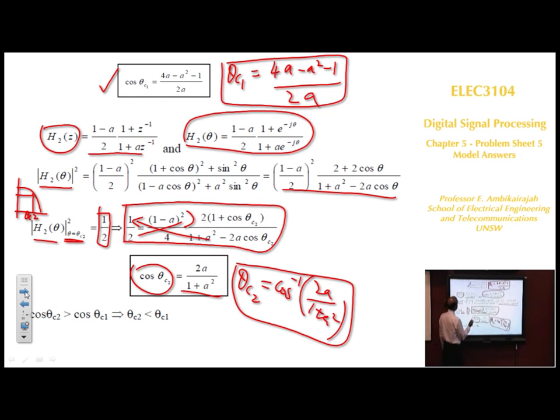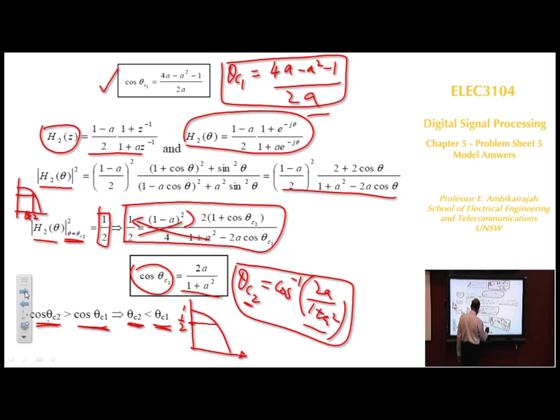So you can look at here: cos theta c2 is greater than cos theta c1. By looking at this fraction and this one, you can say that cos theta c2 is going to be greater than cos theta c1. Therefore, theta c2 must be less than theta c1. If you assume both are low pass filters, one is like that, with half power points.